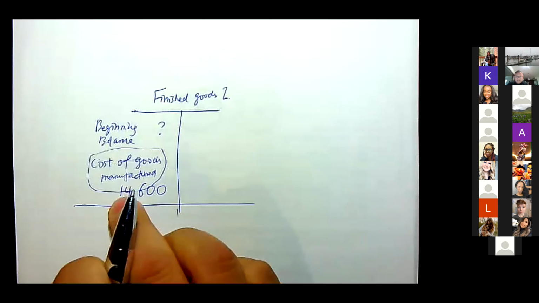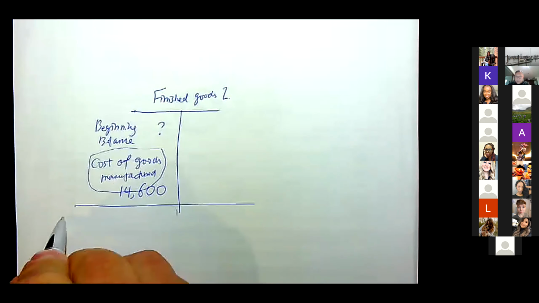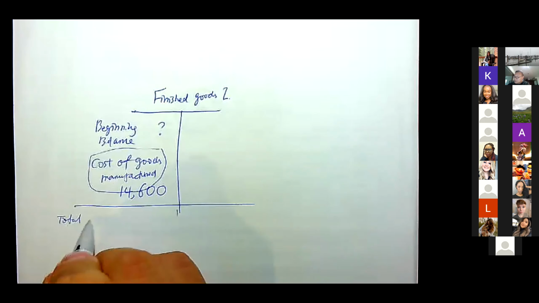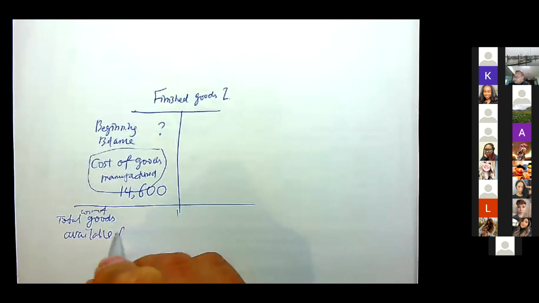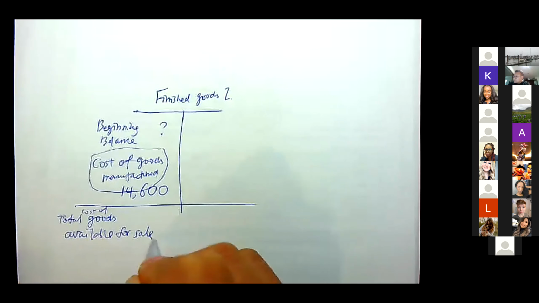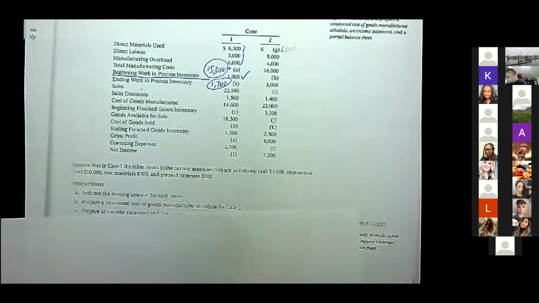And so this together, what do you get here? Total cost of goods available for sale, right? So do we know this number? We do, right?